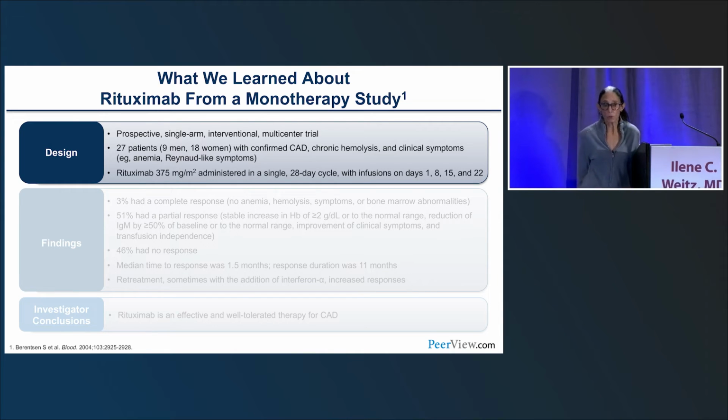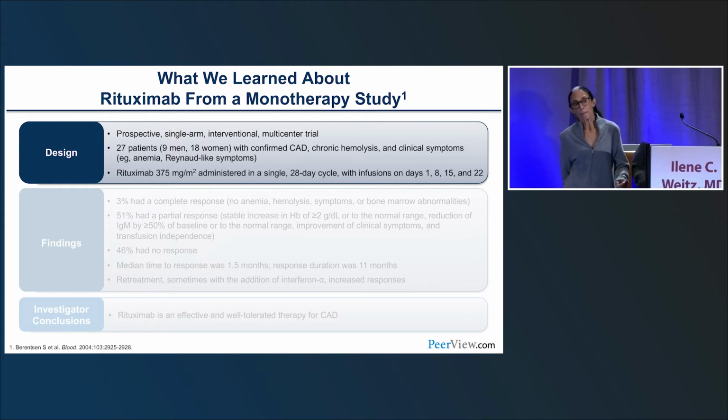Rituximab has been used to treat cold agglutinin disease in a single-arm prospective study. They had 27 patients with CAD and hemolysis and symptoms, and they received rituximab in the classic lymphoma manner, and only 3% had a complete response, so not the best response. 51% had a partial response, which did include an improvement in the hemoglobin by greater than 2 grams.